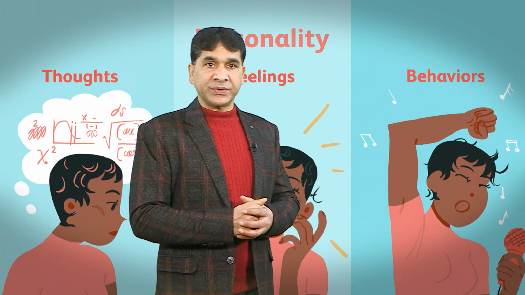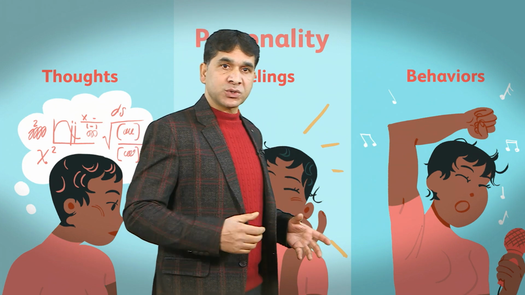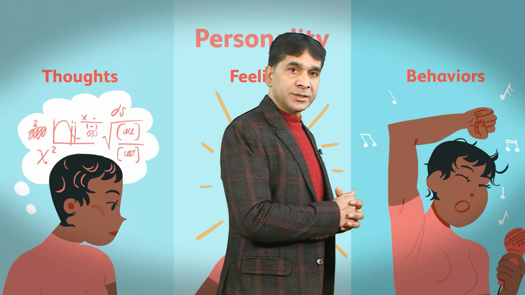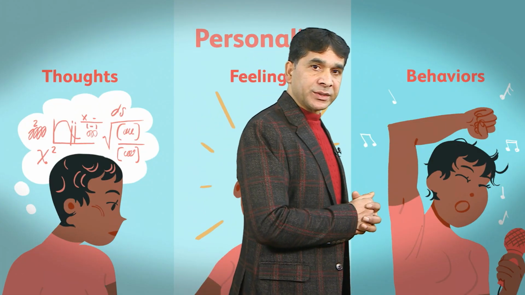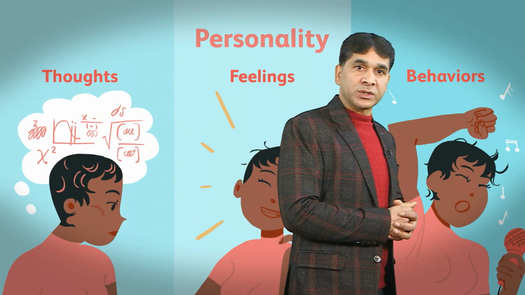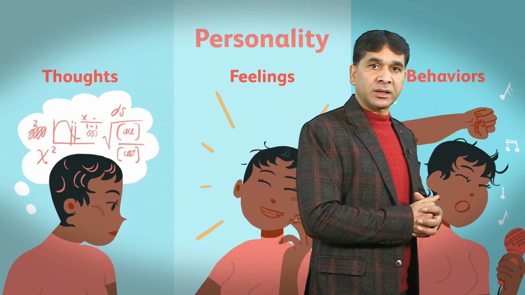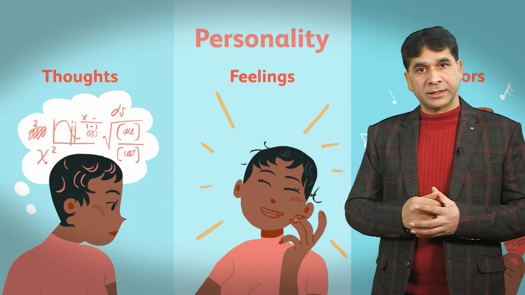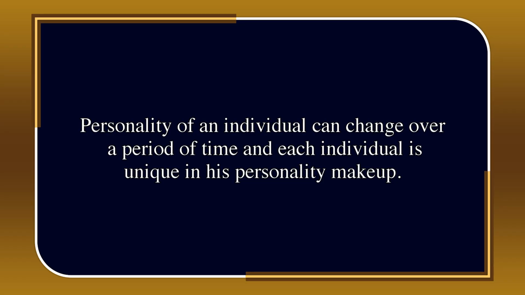Gordon Allport's definition is considered the most comprehensive definition of personality because it gives due importance to the interaction of psychological and physiological aspects which determine our personality. At the same time, it points out that the personality of an individual can change over a period of time and each individual is unique in his personality makeup.